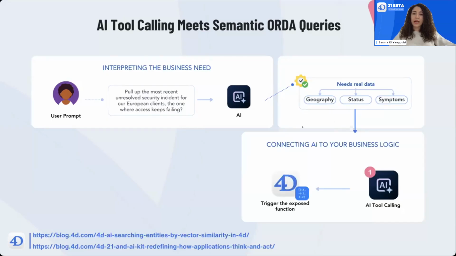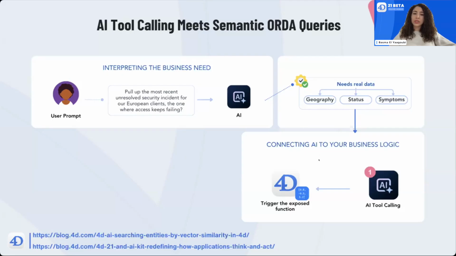The model here identifies the function that should handle the request. In a case like this, it might select get incident details. It's the function, for example, that you exposed for incident retrieval. Your logic stays in charge. Your data remains the authority here, and the module becomes the bridge between intention and execution.